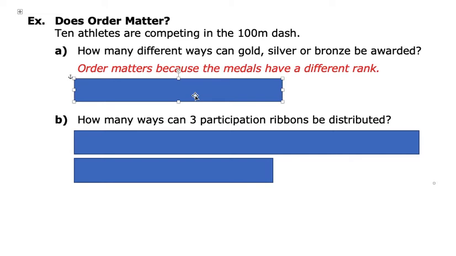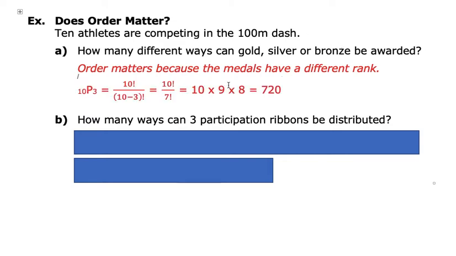So think of the fundamental counting principle. 10 people could be selected for gold, then 9 choices for silver, then 8 for bronze. Another way of saying that is 10P3, because 10 pick 3 is equal to 10 times 9 times 8. We can think of this as a permutation, a selection where order matters, of size 3 from 10 elements.